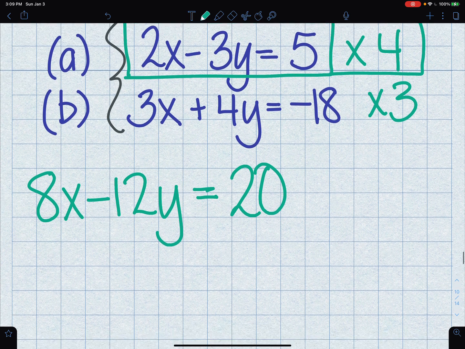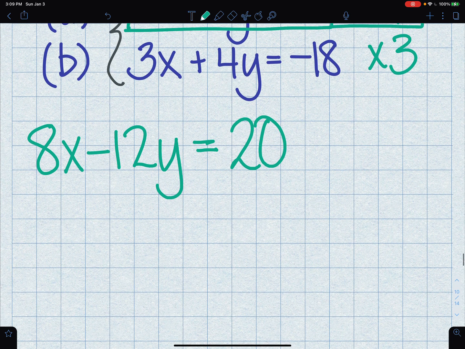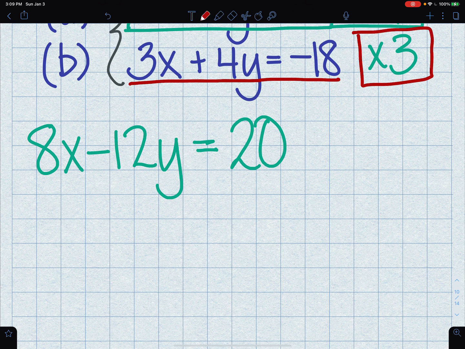Okay, now let's do the next one. I have to multiply this whole equation by 3 in order to be able to poop out the y. All right, so let's try it. We're going to do 3x times 3, and that's going to be 9x. Then we're going to do 4y times 3, and that's going to be 12y.